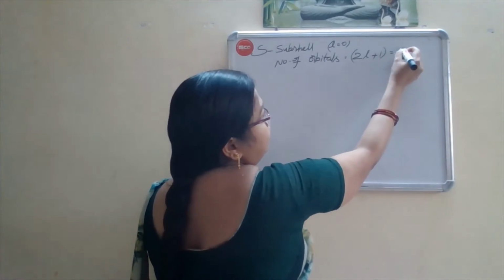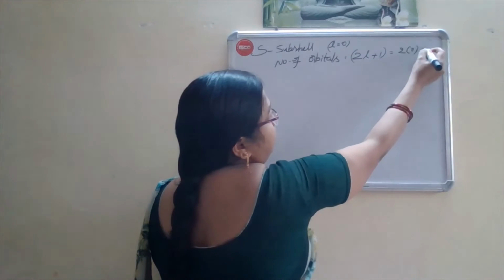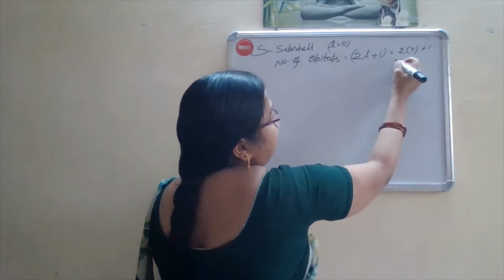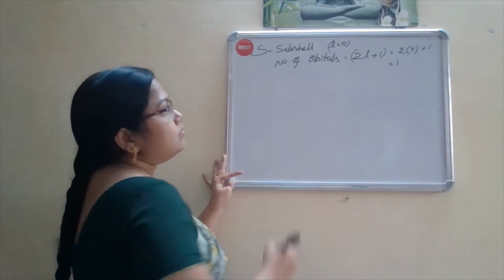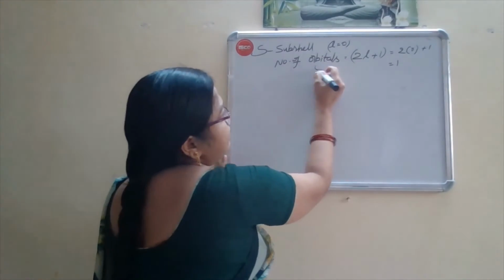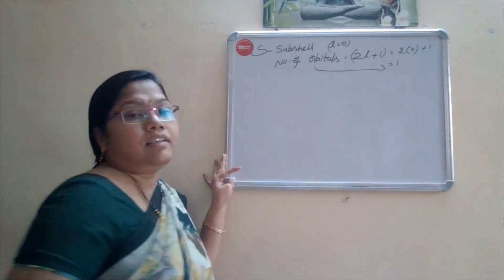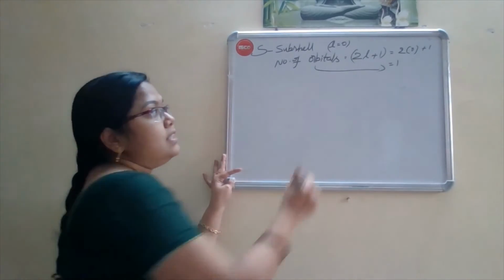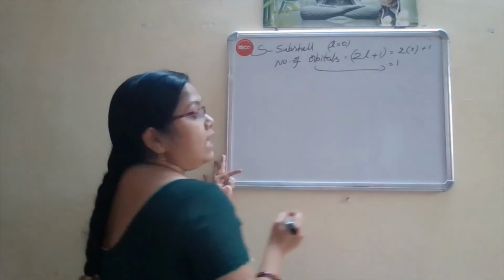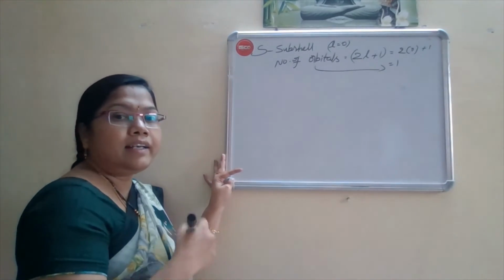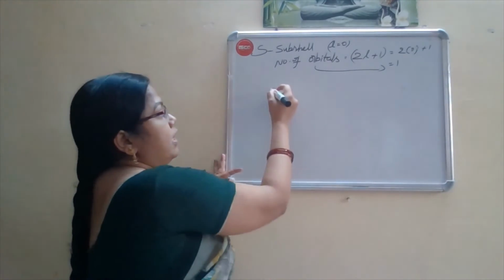That is equal to 2 into 0 plus 1, which equals 1. Number of orbitals is 1. Next, this one orbital contains electrons.